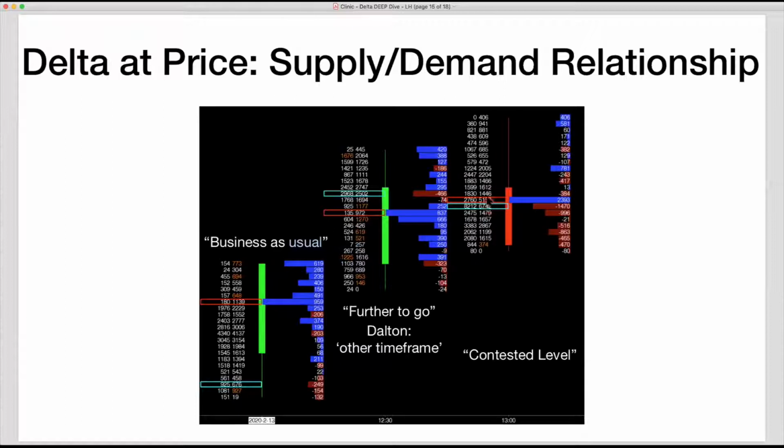Sometimes we see this situation, and it actually doesn't matter which way around they are, but we have the largest positive and the largest negative delta sitting on top of each other. I call this contested level, because this is telling me we've got a huge battle on both sides. So we really shouldn't be doing anything here until this battle resolves itself.